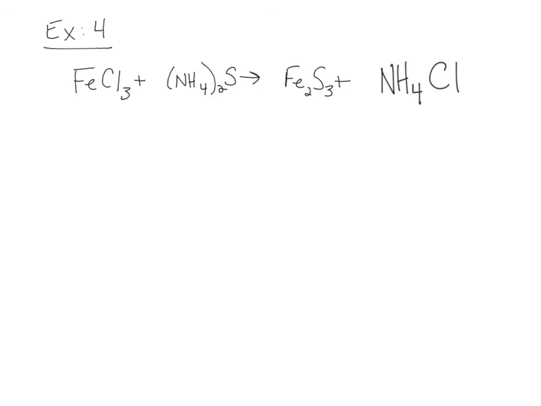So the first thing we're going to do is list which ones we are going to do first and which ones we're going to do last. Now we always want to do the metals first. So that's going to be our iron on either side, and that's it for our metals.